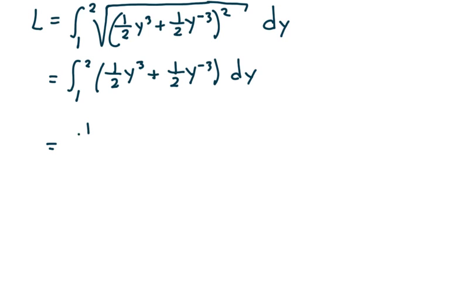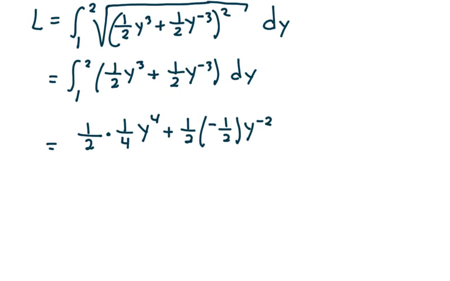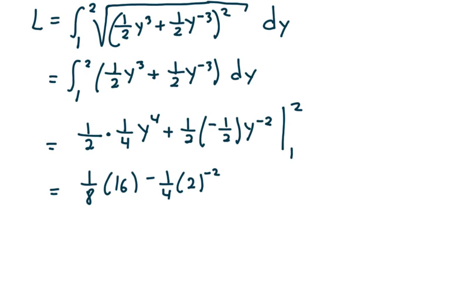And so this is 1/2, I'll just do it this way, times 1/4 y to the 4th plus 1/2 times, now if I add 1 and divide, that's going to be -1/2 y to the negative 2, evaluated from 1 to 2. So this is 1/8 of 16 minus 1/4 times 2 to the negative 2.